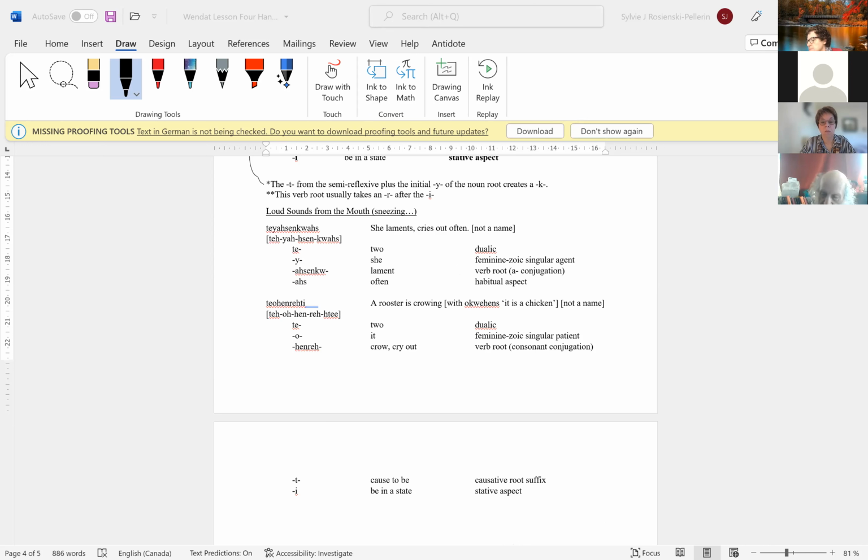So it means sort of continually, frequently, often. It's a repeated action. Not a single time repeated action, because you have a whole other construction for that. But one that is frequent. It was used a lot when the Wendat encountered Frenchmen that were like blacksmiths, carpenters, that type of thing, where they had a job that required a repeated action.